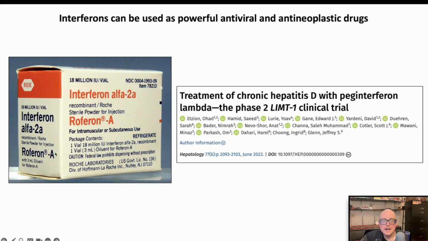This is no longer widely used because many of the conditions that it was originally purposed for now have better and more specific therapies that we can use against them. And one of the reasons that we continue to develop better therapies for things that were previously treated by type 1 interferon is because, as I mentioned, type 1 interferon is expressed all over the body.